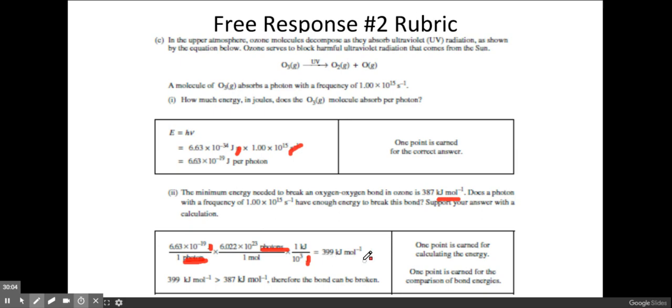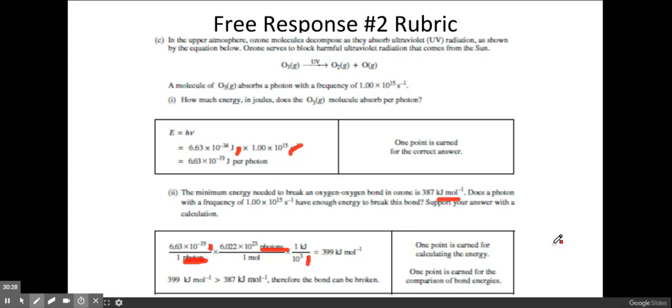What we get here is 399 kilojoules per mole. So if you have a mole of photons with that frequency, it's going to have enough energy to apply to bond breaking of 399 kilojoules per mole.